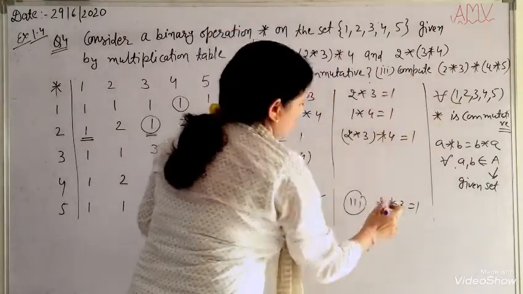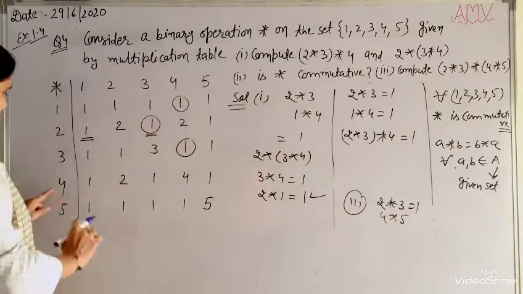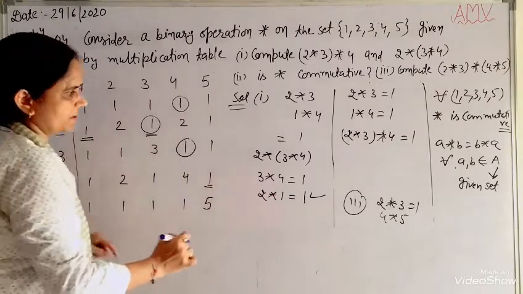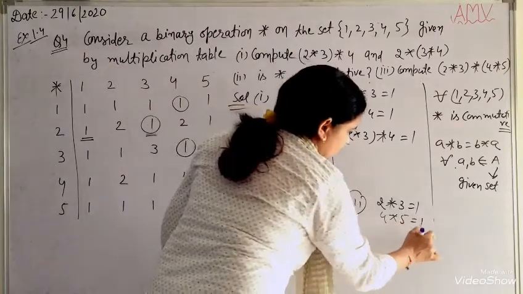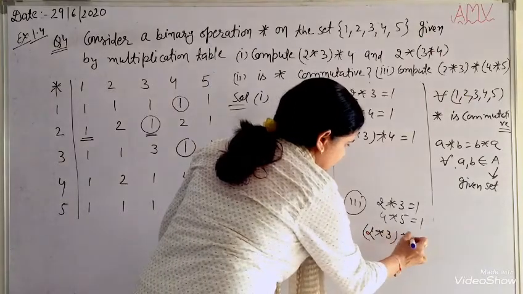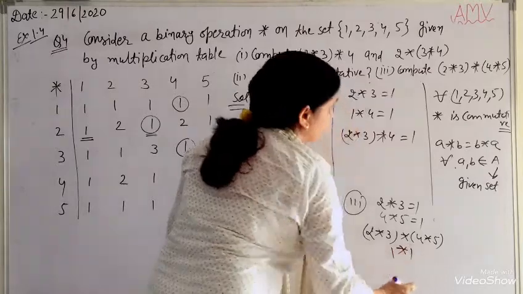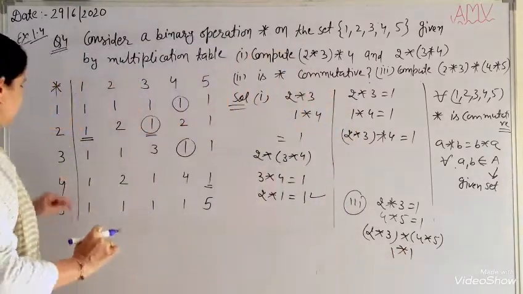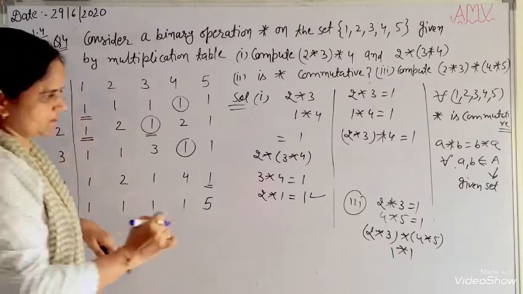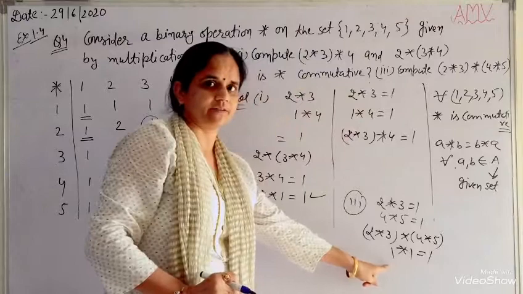Now 4 star 5 is also 1. Now the operation (2 star 3) star (4 star 5) means 1 star 1. See, 1 star 1 is also 1. So the final answer is 1. Okay students.